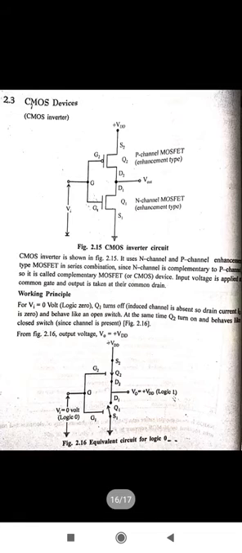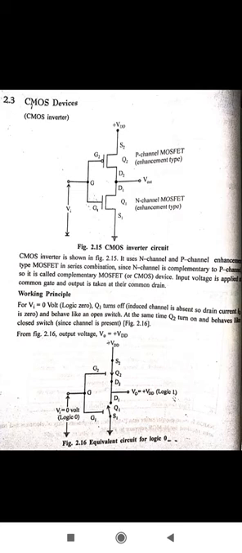In this case, for the supply voltage, we have attached the upper source terminal to the VDD terminal; that is the upper P channel enhancement type MOSFET, and below this we have attached the N channel enhancement type MOSFET. We have provided the input to the gate terminals of both the PMOS and NMOS, and we take the output from the drains of the two transistors.